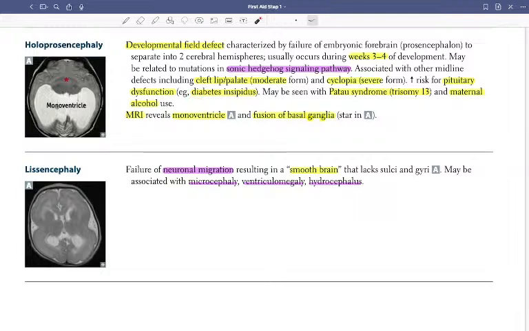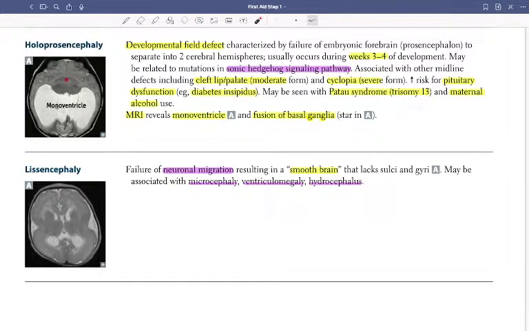It may be seen with Patau and maternal alcohol use. Patau, trisomy 13. Just remember there's a mnemonic for 13, so Patau. This is actually Patau syndrome. I'm telling you, just go and watch the picturized video. That is a very good image mnemonic on Patau syndrome, trisomy 13.